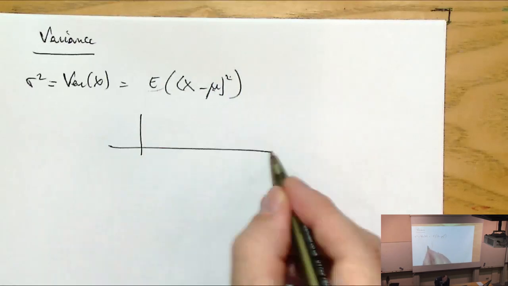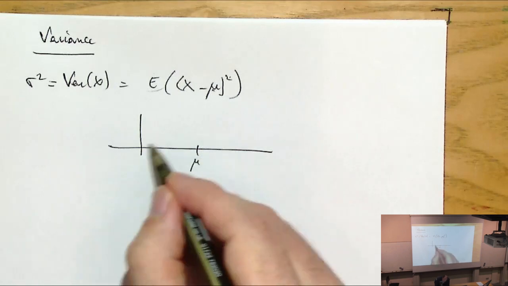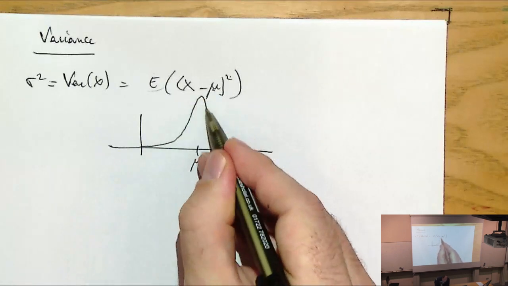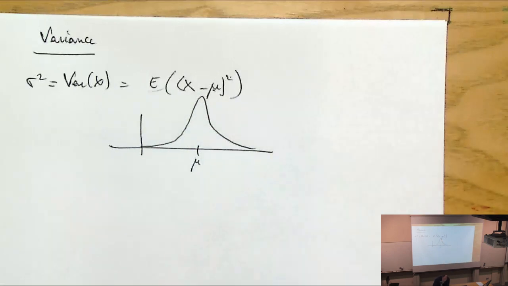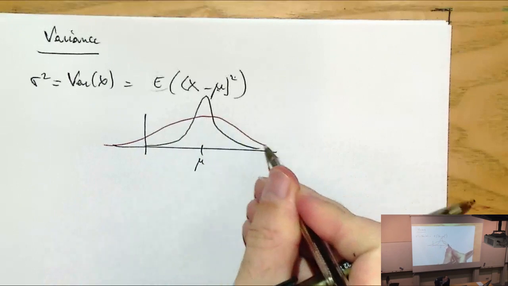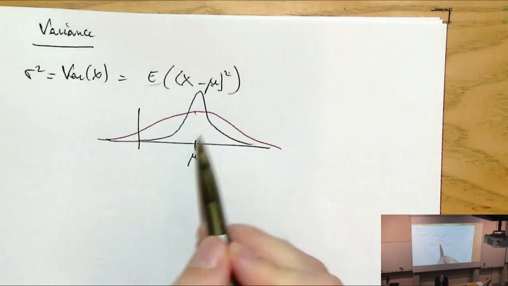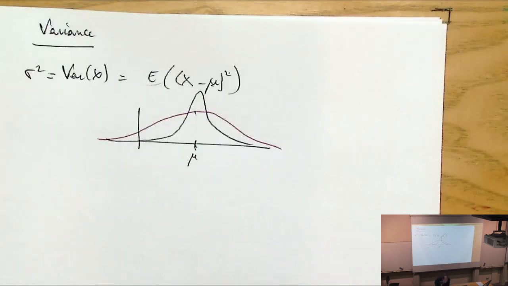So if I have a random variable around mu here, that's its mean, and I have something that looks like this, or if I have something that looks like this, which one has a larger variance? The red one, right? The spread of the distribution around the mean is actually larger in the red case.